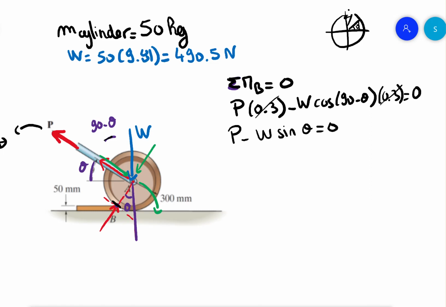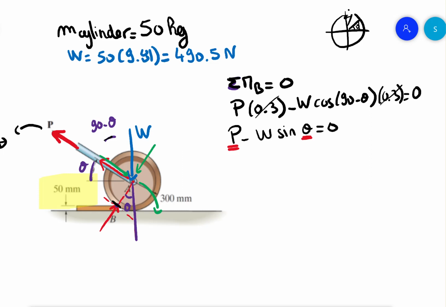So we have this first relation that we found. We need another equation because we don't know theta and we don't know P, right? We didn't use yet the steps, these 50 millimeter steps. So how can we use that?